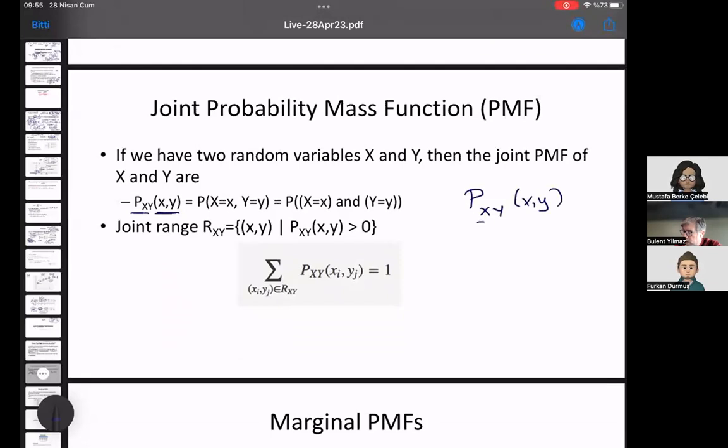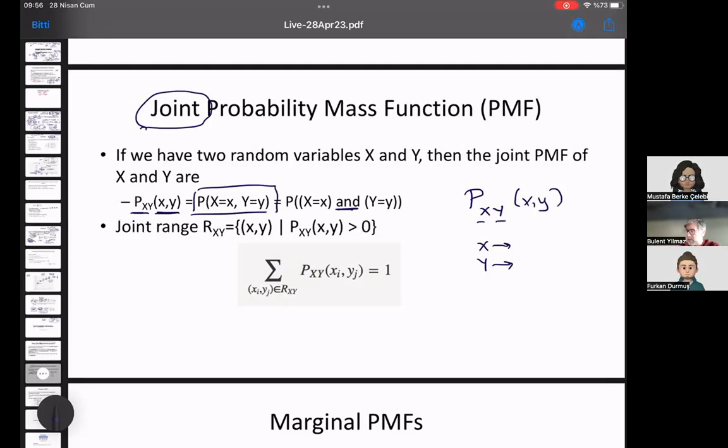I have two random variables, X and Y. For example, the number of people in the family, let's say the ages of the people in the family, okay? So that means probability of X equals X and probability of Y equals Y, and we have to consider them together. If I'm saying joint, that means birleşik, okay? Birleşik olasılık fonksiyonu.